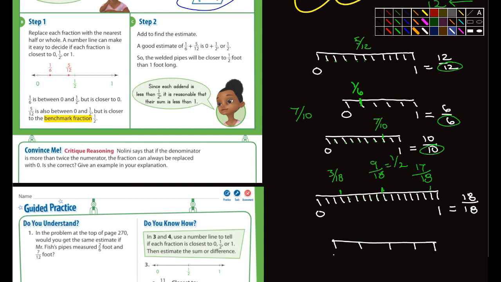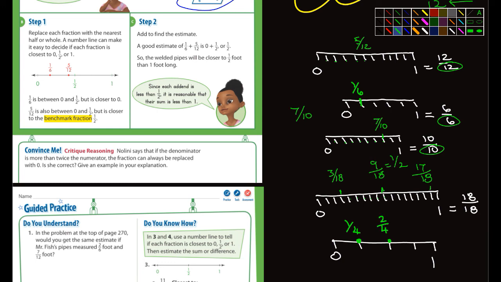So here's 0, here's 1. If I said, show me 1/4, where would that be? 1/4 right here. If I said, show me 1/2, that would be right here. And remember, because you know it's halfway. 1/2 represents halfway, but it's also 2/4.